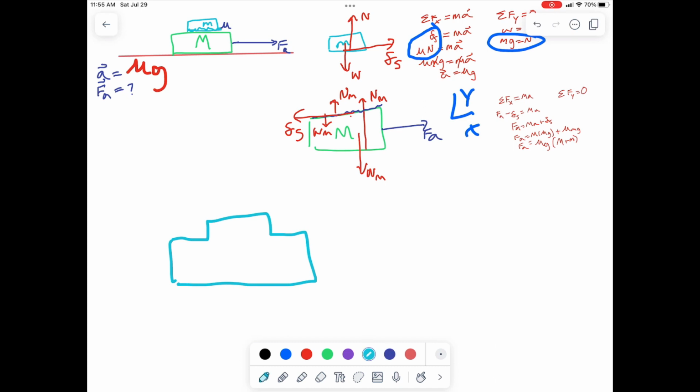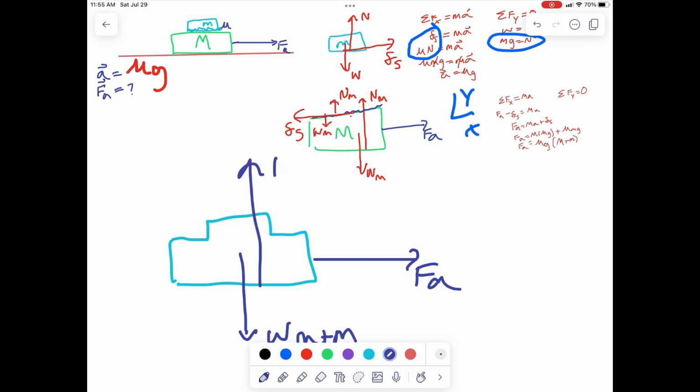So then we wouldn't have to worry about our force of static friction, and we can just say our force applied. And then if I were to draw, I would have the weight of big M plus little m, and then I would just have the normal force canceling that out.